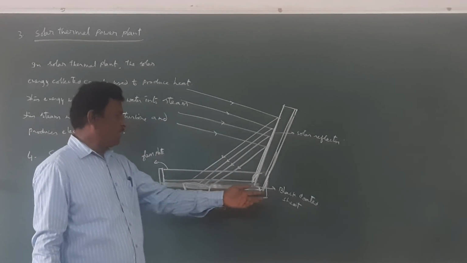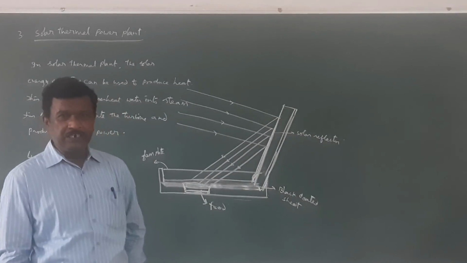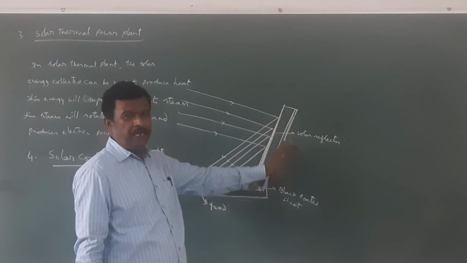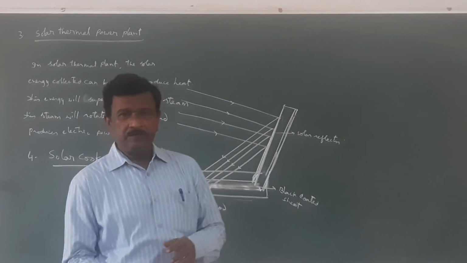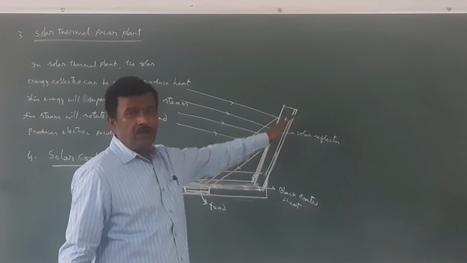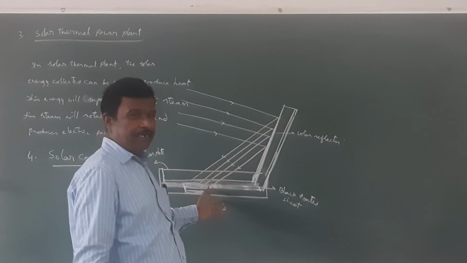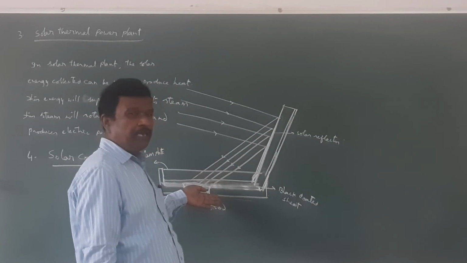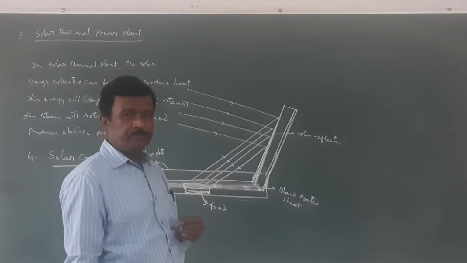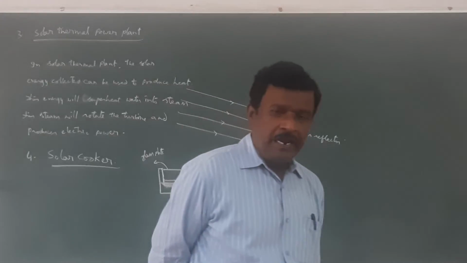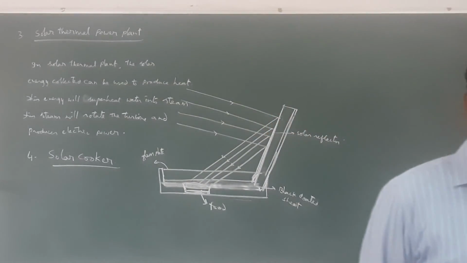Below the surface, a black coated metallic sheet is placed, and there will be a reflector over the top hinged plate. The solar radiation incident on this plate will be reflected and incident on the food material kept below the flat glass plate. This solar energy will heat the food material and make it boil.